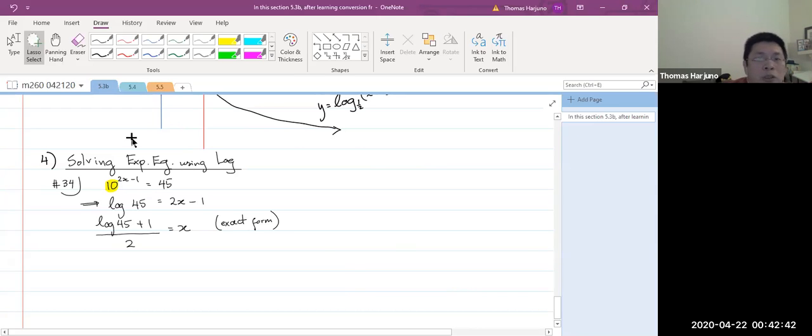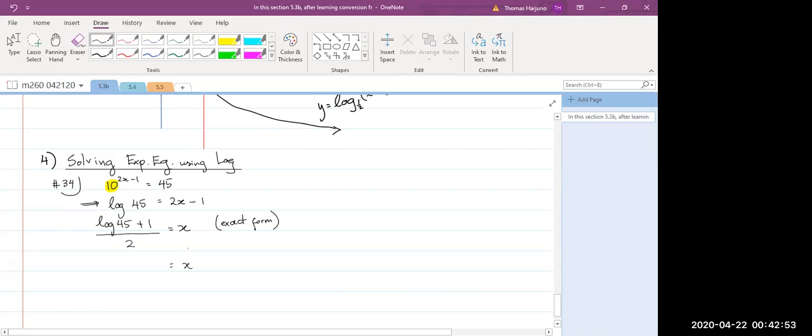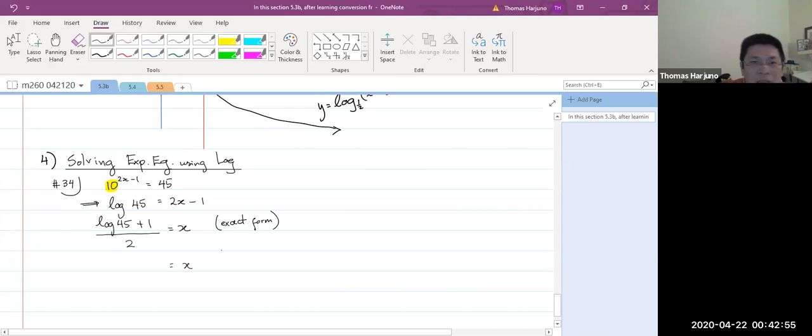Now suppose I need to compute this using a calculator. I wonder if you have your calculator with you? I would like to use your calculator to compute this. The base is base 10.